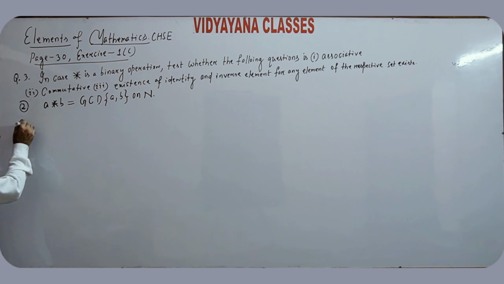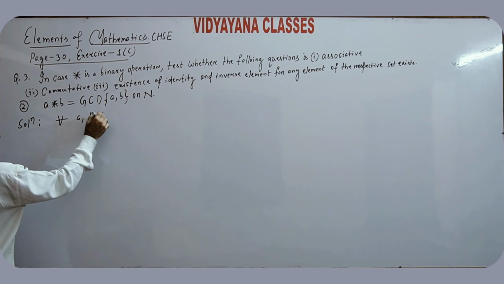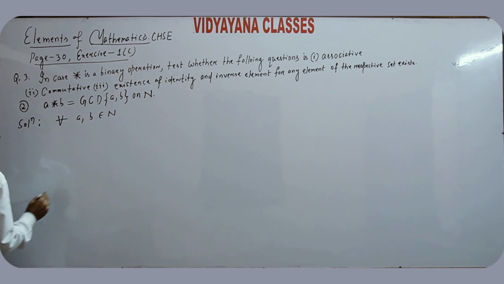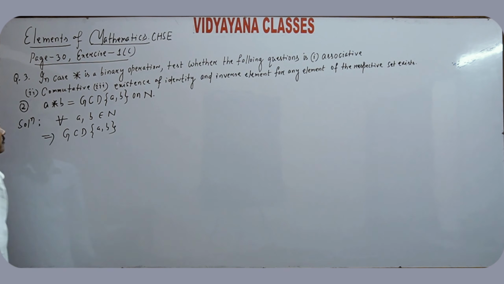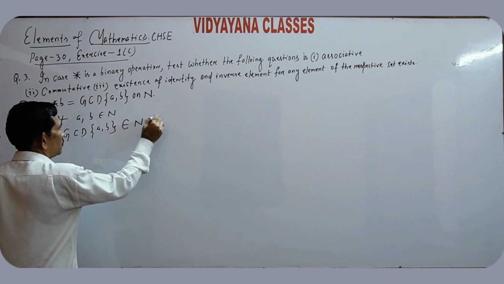Solution. For all A, B belongs to capital N implies GCD of A and B belongs to N is true.